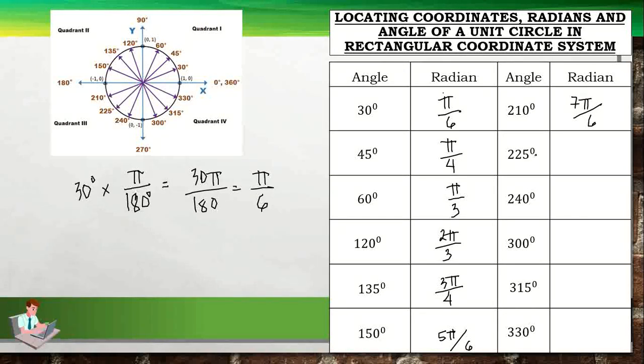For 225 degrees, that is 5 pi over 4. 240 degrees, that is 4 pi over 3. 300 degrees, that is 5 pi over 3. 315 degrees, that is 7 pi over 4. And then, for 330 degrees, that is 11 pi over 6.